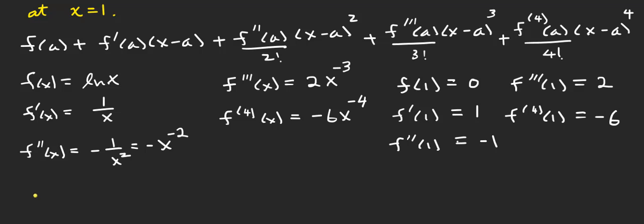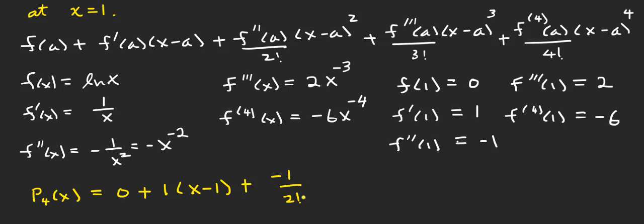So now the fourth order Taylor polynomial will be, let's plug it in, f of 1. f of 1 is 0 plus f prime of 1, which is 1 times the quantity x minus 1, plus f double prime of 1 is negative 1, so negative 1 over 2 factorial times the quantity x minus 1 squared, plus f triple prime of 1 is 2.